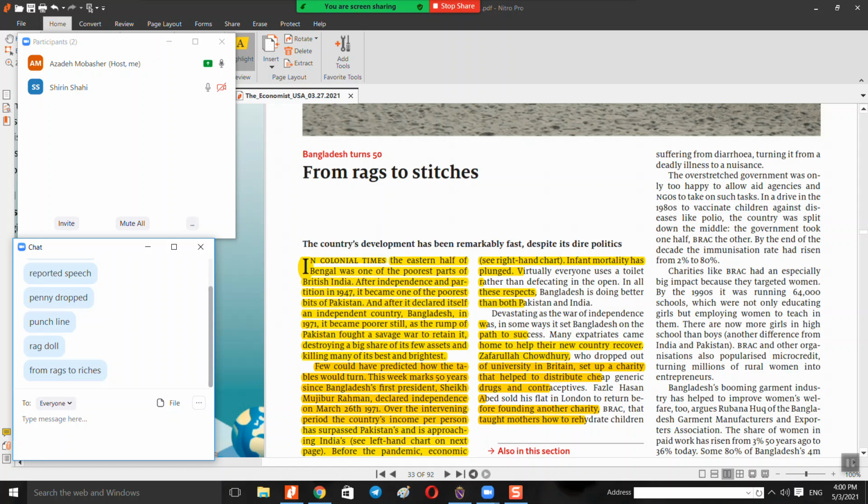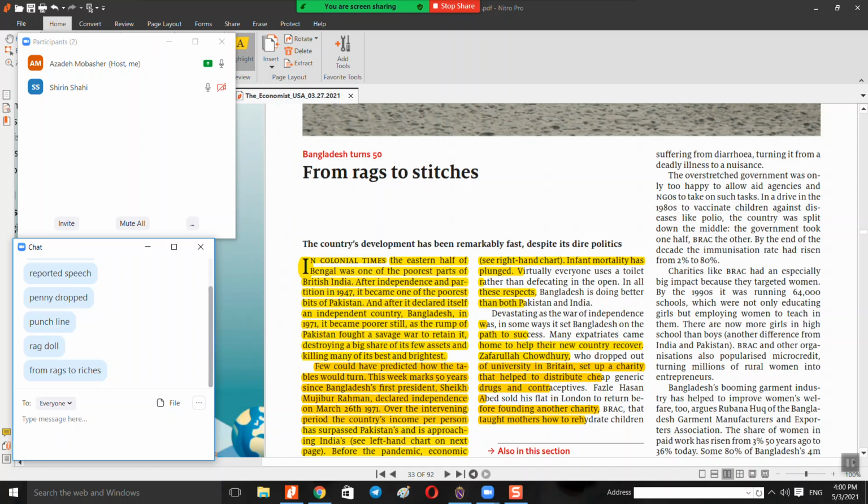So the country's development has been remarkably fast. Okay, in here, development means something else. The country's development means what? Can you give me a synonym, Shirin, for development in here? Progression. Very good. Yes, growth. Yes, progression, improvement.